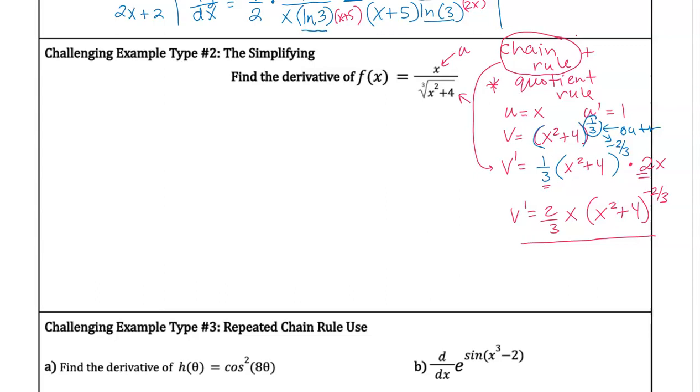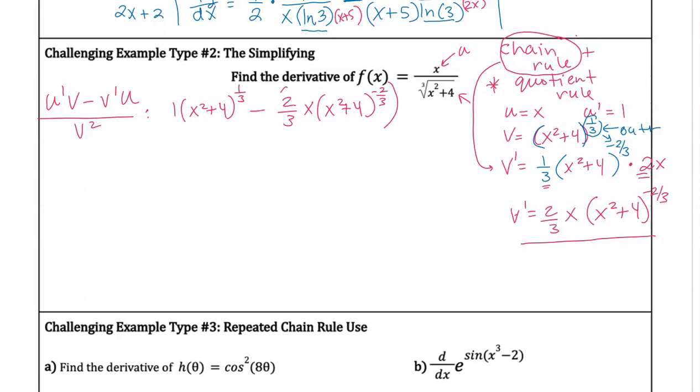So I'm going to start over here with quotient rule by doing u prime v minus v prime u over v squared. So that would look something like this. So 1 times my denominator, and I'll write my denominator as a power of 1/3. And then minus v prime, which was all of that stuff we just found, x squared plus 4 to the negative 2/3, and then times u, which was x.